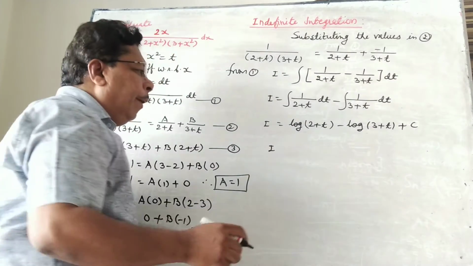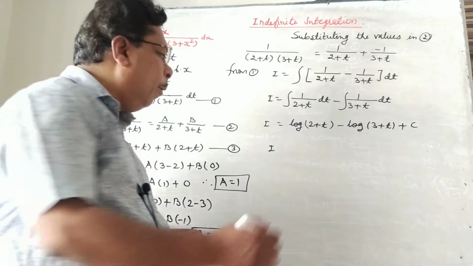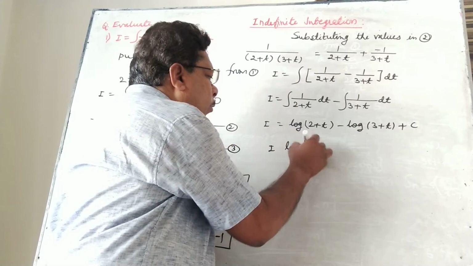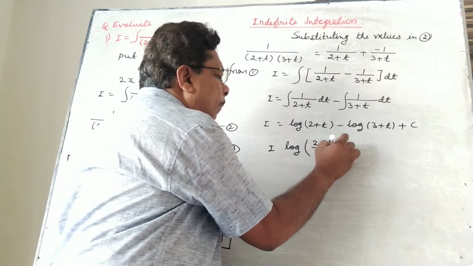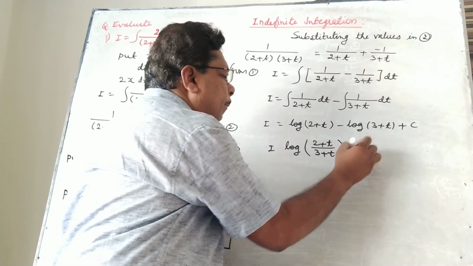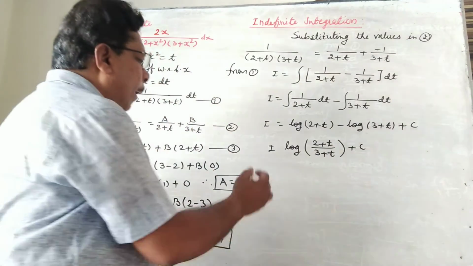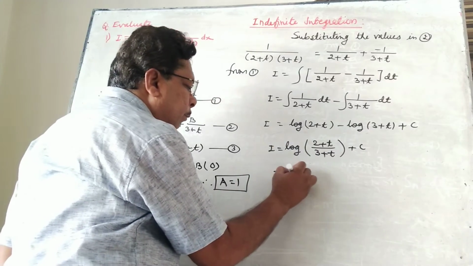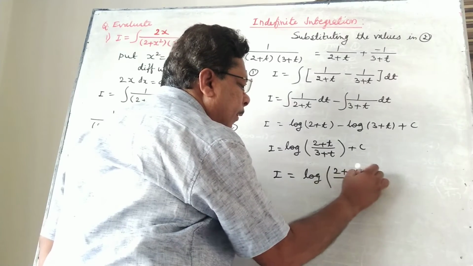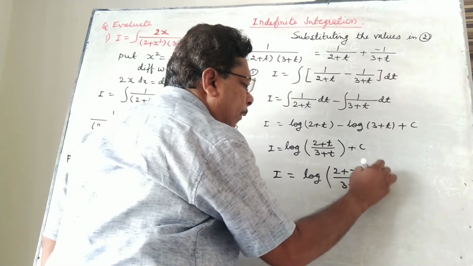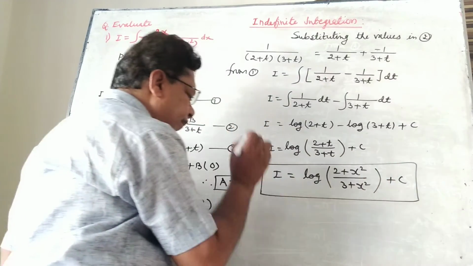Now use the rule of logarithm: log a minus log b is equal to log of a upon b. So it becomes log of (2 plus t) upon (3 plus t) plus c. And at last substitute the value of t. t is x square. So I is equal to log of (2 plus x square) upon (3 plus x square) plus c. c is the constant of integration.